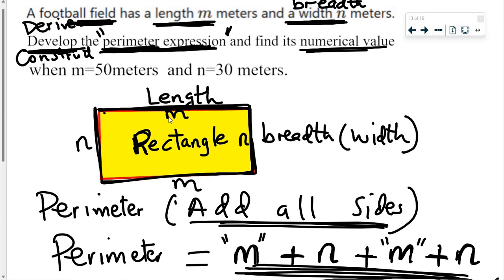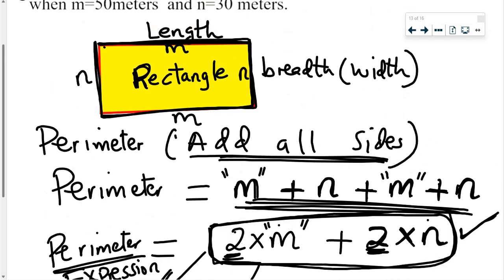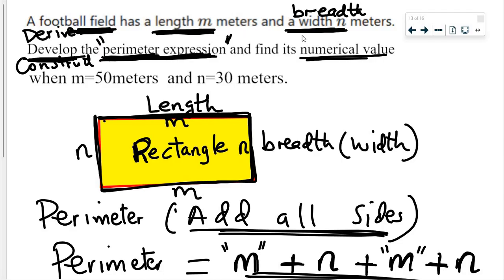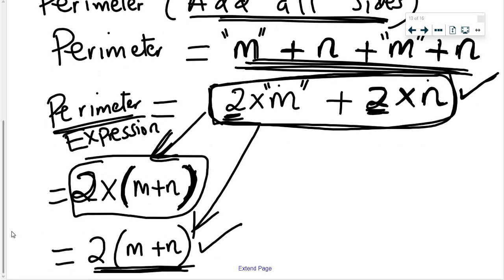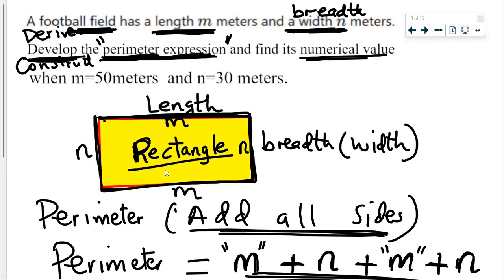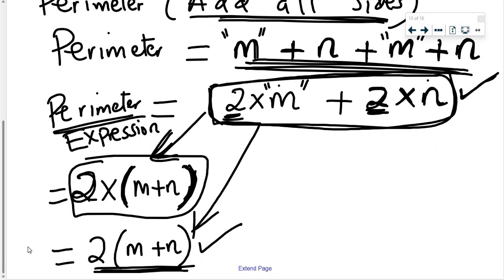Length is m, but it can be any letter, it can be L, it can be anything. In this case, length is m, width or breadth is n. So the expression for the perimeter of this football field, in other words the rectangle, will equal 2 into length, represented by m, plus 2 into n, where n is the breadth or width. So I will move with this expression.